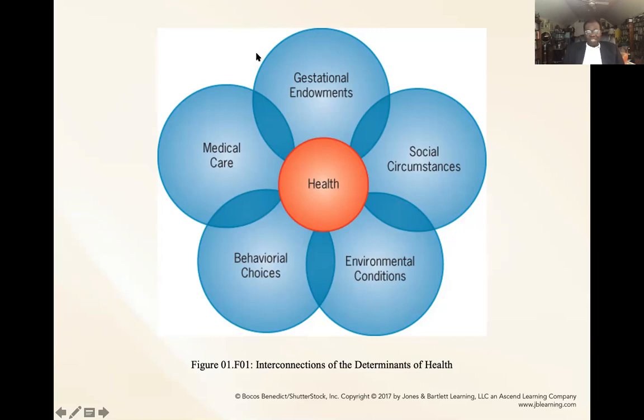See, because all of these things, as you see, the one, gestational endowment, which is your heredity, is number one. Two, social circumstances, your people, the community you find yourself in, the environmental conditions, they also play a part.